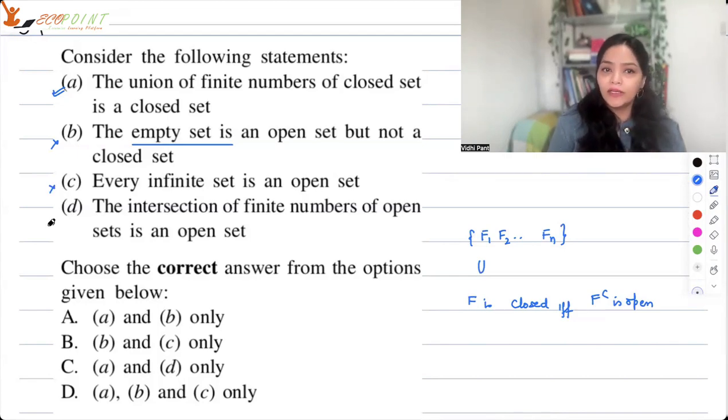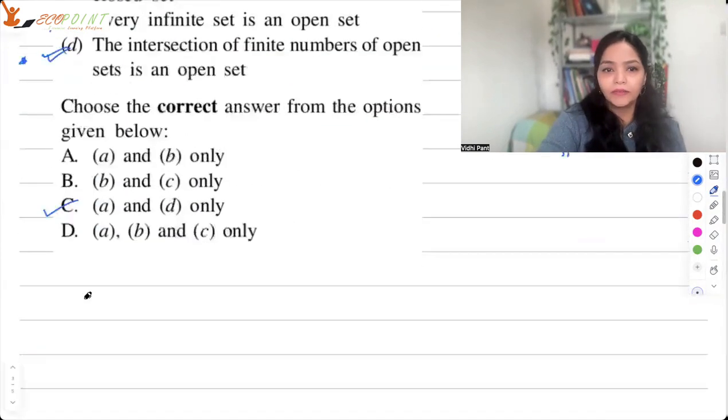The intersection of a finite number of open sets is open. Yes, absolutely. These two statements are actually coming from a theorem in real analysis. And so C should be the correct answer. A and D are definitely correct.